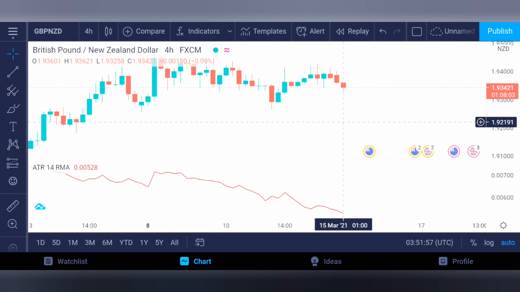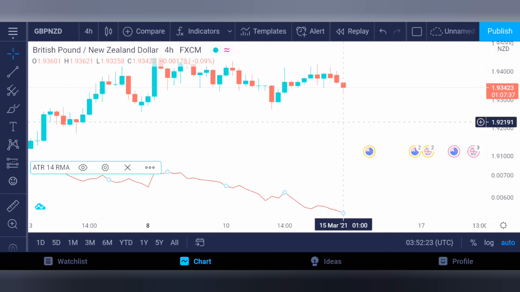This particular indicator tells you the range of movement, how much movement is happening. This pair moves a lot as compared to the Aussie Swiss, 52 pips. So that's what volatility indicators tell you.